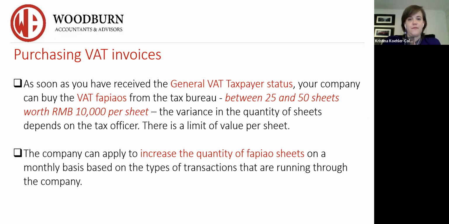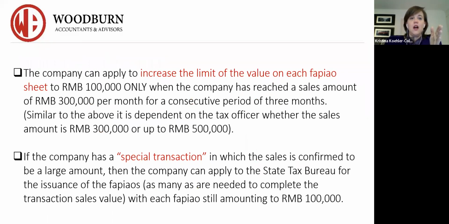So what do you do? You can always increase the quantity of Fapiaos on a month-to-month basis, but you need to show the tax bureau that you have stability within your organization and you have consecutive months of revenue of 300,000 renminbi or above.